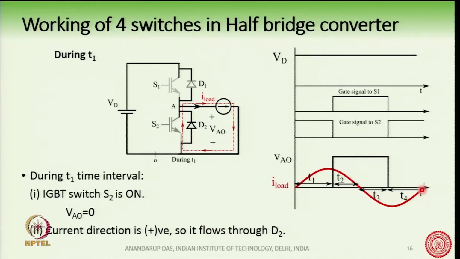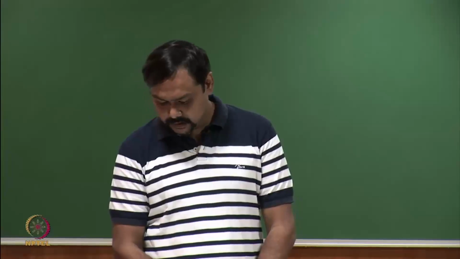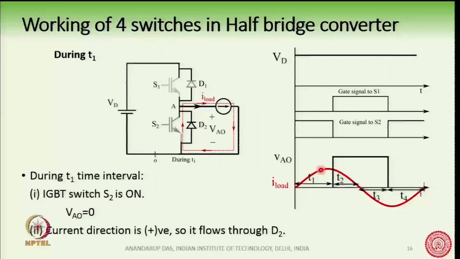Suppose the current waveform is alternating in nature. So, sometimes the current is positive and sometimes the current is negative. Let us take the interval T1 where the current is positive while the voltage between points A and O is 0, which means the lower switch is on.